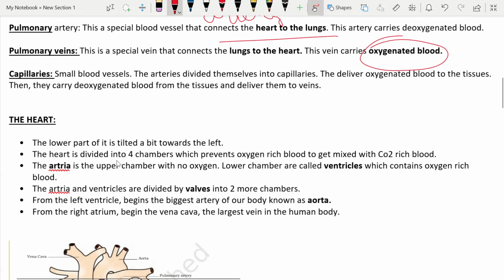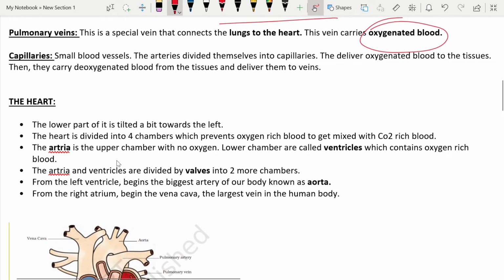The heart. The lower part of it is tilted a bit towards the left. The heart is divided into 4 chambers, which prevents oxygen-rich blood from getting mixed with the CO2-rich blood. Now the atria are the upper chambers of the heart, and the lower chambers are called ventricles.